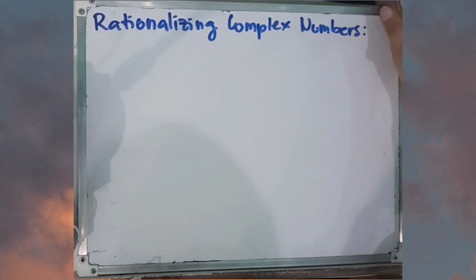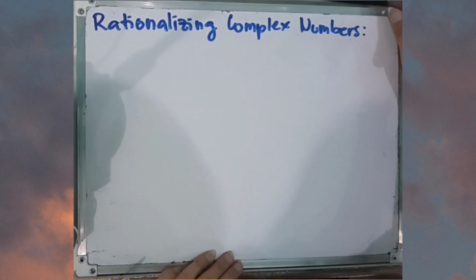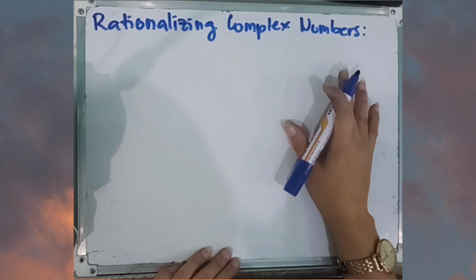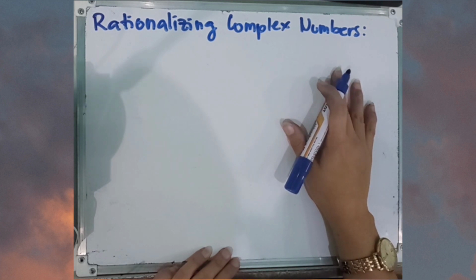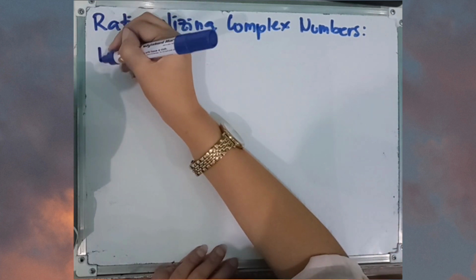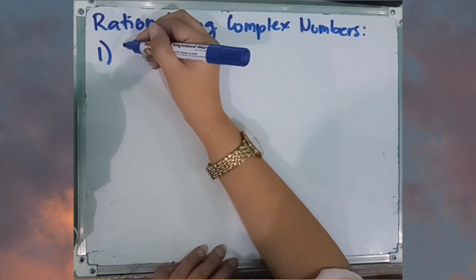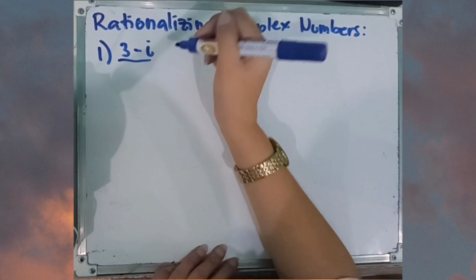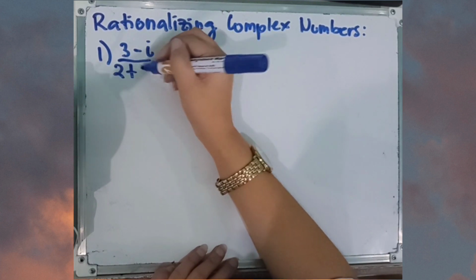For the next part, let's talk about rationalizing complex numbers. So if we rationalize, we simplify the given complex number in order to rewrite it in standard form. So let's have an example. Let's say we have 3 minus i over 2 plus 7i.